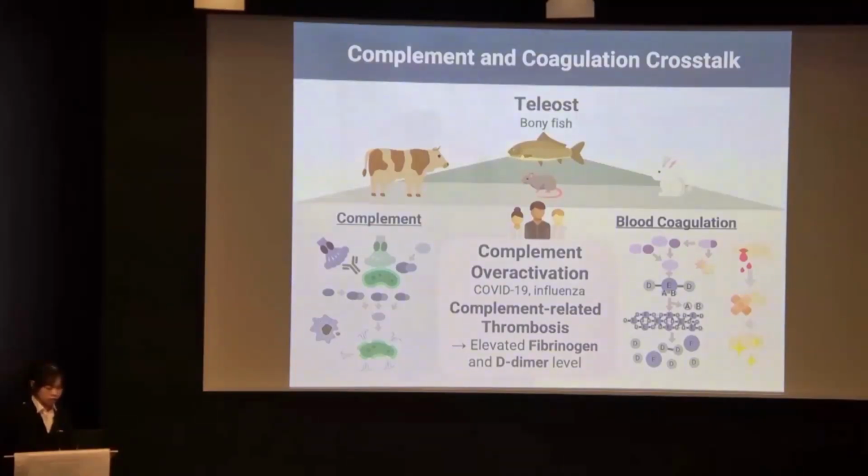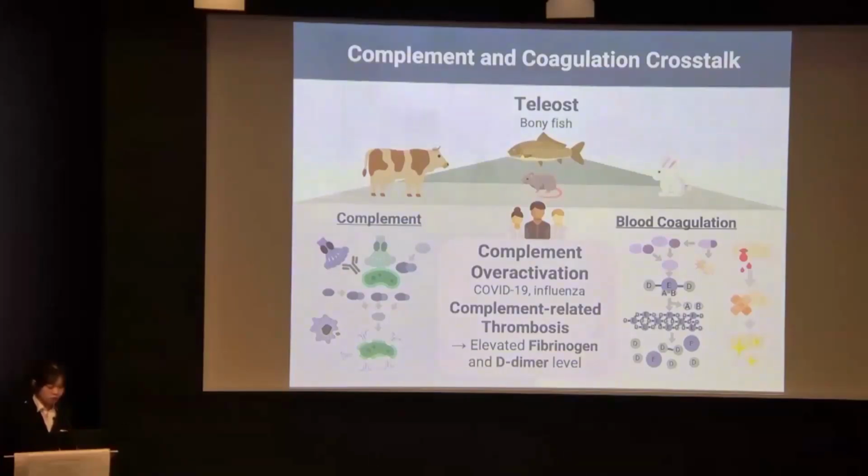In these patients, the fibrinogen level and its degradation products are often elevated. Teleost, or bony fish, as a primitive vertebrate, provides a valuable model to study their interaction and to trace the conservation across vertebrates.